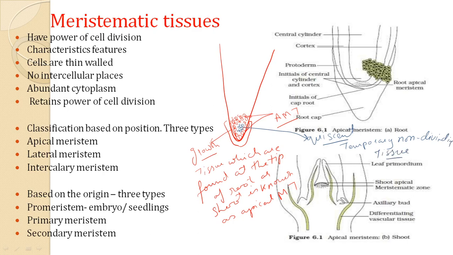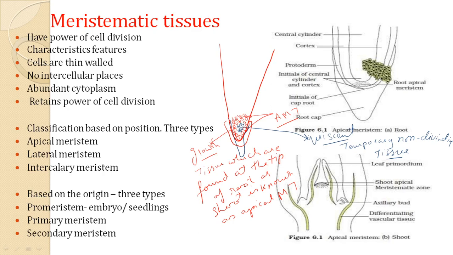So what does it mean? It means that regular division is seen at the tip of the root, by which growth is always seen in the root and it moves apart. At the center there are some tissues which are not dividing, but they are not permanently non-dividing. They stay alive, and if division is required, then they start dividing, else they are always in a state of rest.